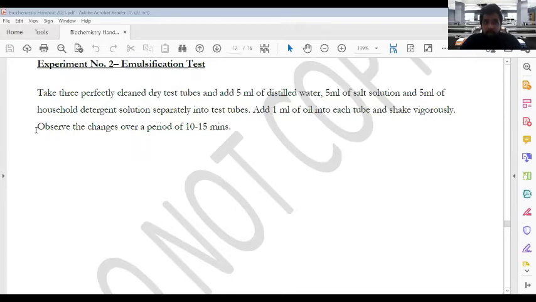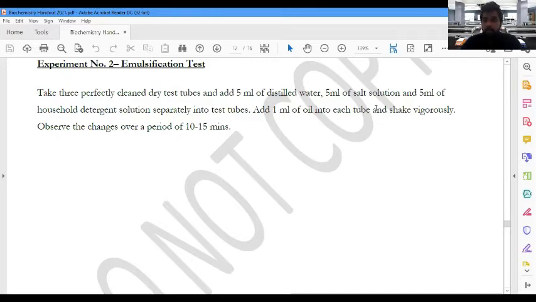And in this test, in the household detergent solution, you observed an emulsion. What could be the reason for that? Why did this household detergent form an emulsion, and why can't the other two? Even though we didn't get that observation, some salt solutions can form emulsions, especially in our digestive system. It contains bile salts, and bile salts can form emulsions.